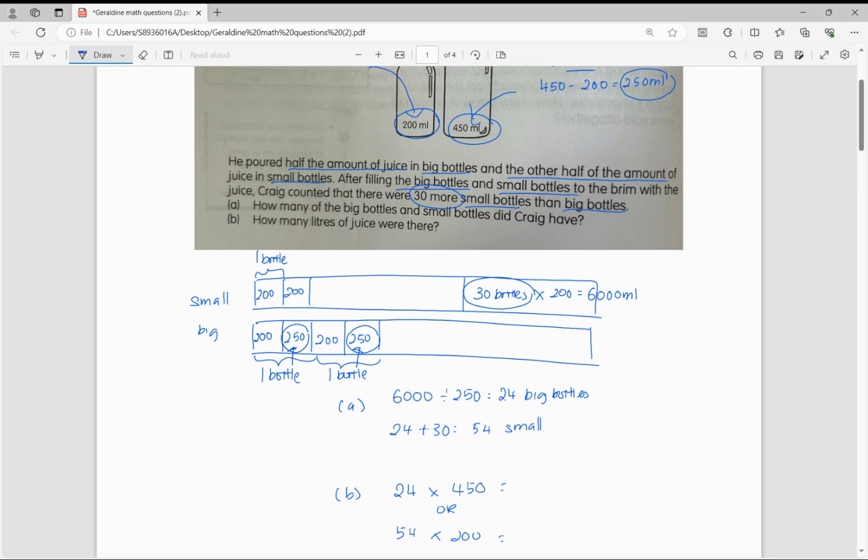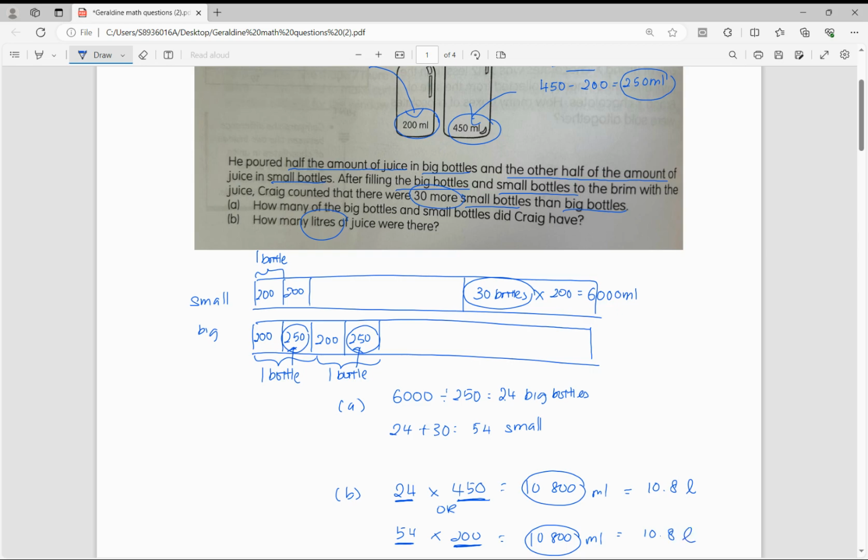Let me just double check. 24 times 450 is 10,800, and 54 times 200 will also be 10,800. This is my big times the amount in each big, and this is the small times the amount in each small. They should give you the same total amount in ml. Don't forget, we have to convert to liters. So it will be 10.8 liters.